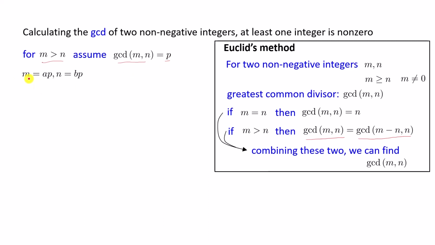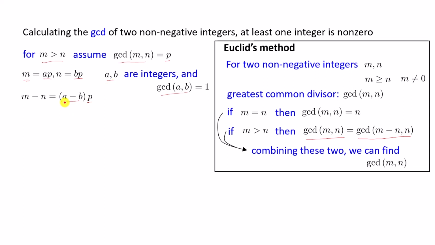That means m is equal to a into p and n is equal to b into p, where a and b must be integers and there cannot be a common part of a and b, which means that GCD of a and b should be equal to 1. Now, if m equals ap and n equals bp, then m minus n is (a minus b) multiplied by p.